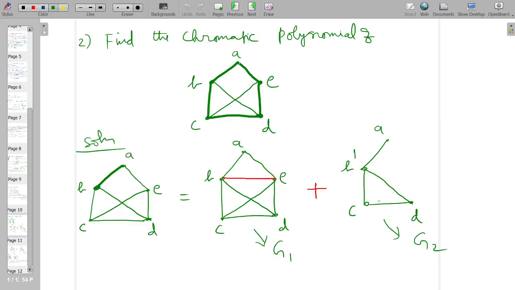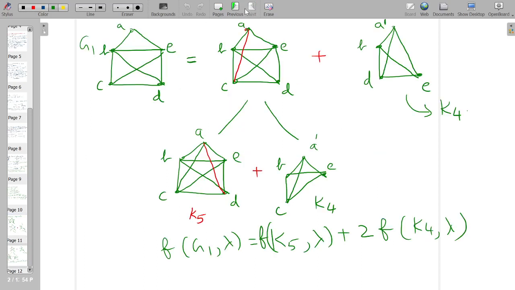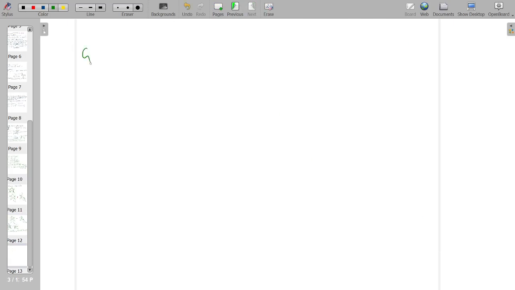Now I have the second part. The second part is G2. Now I will find the chromatic polynomial of G2. Okay, so now in this case you have to see here I have fused B and E. So naturally B I get like this. Let me draw this graph here again. G2. Okay, what will be your G2?